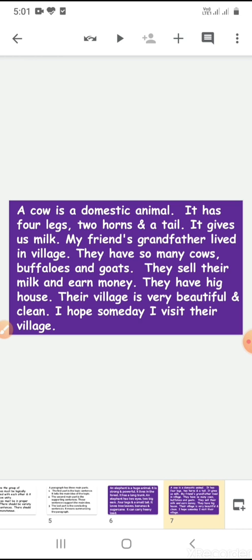They sell their milk and earn money. They have a big house. Their village is very beautiful and clean. I hope someday I visit their village.